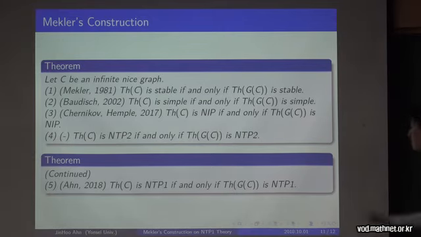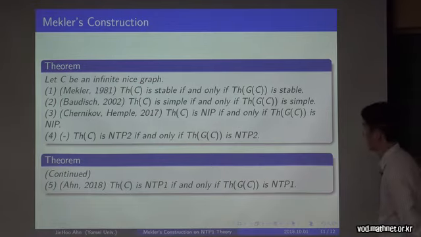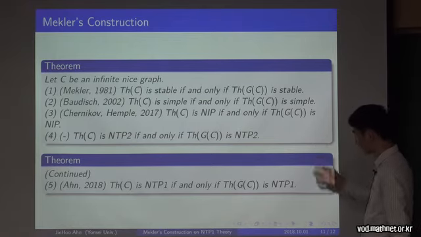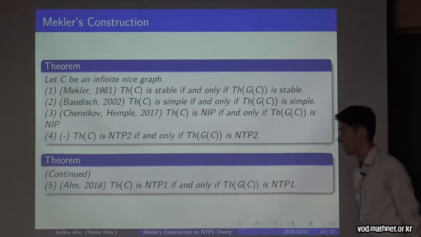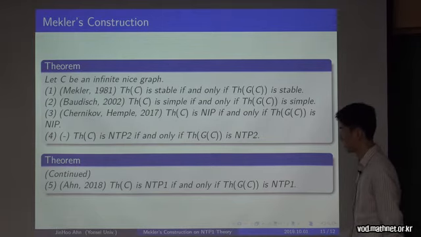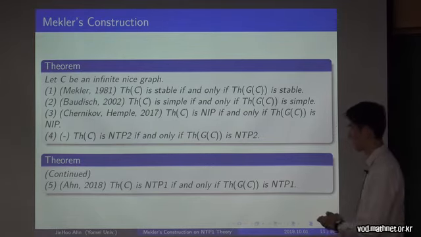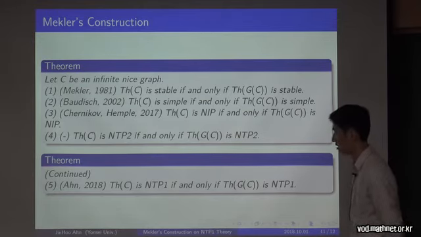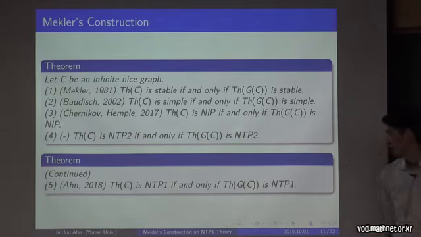So this gives us a stable example of a group from a stable structure, and then simple, and then NIP, and then NTP2. So from their work, I found out that the property NTP1 also holds for this vice versa property. That is, T_C is NTP1 if and only if T_GC is NTP1.